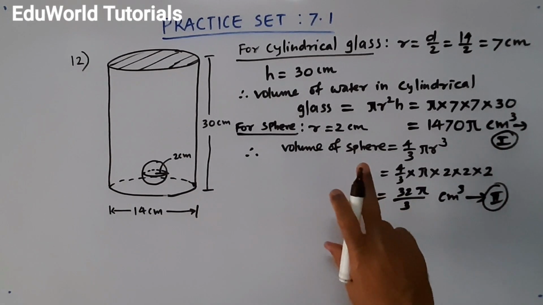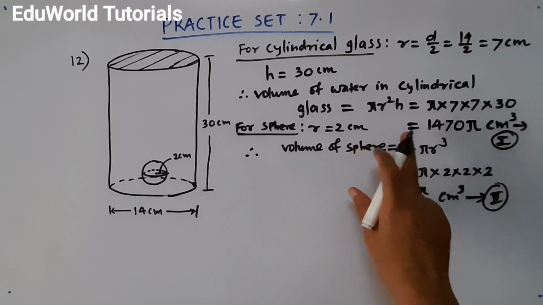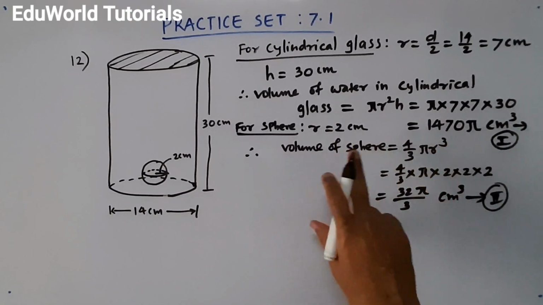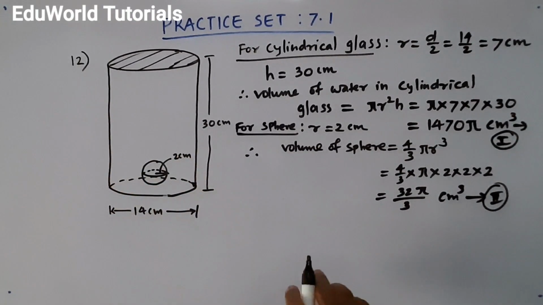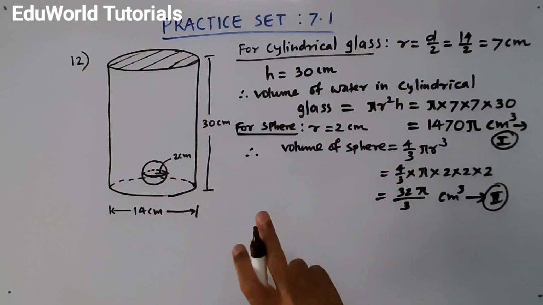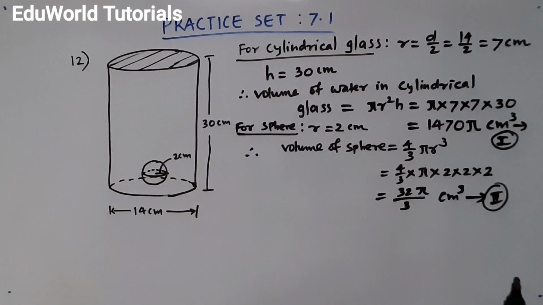Now from the volume of the water which is there inside this glass, if you subtract the volume of the sphere, then we will get the volume of the water which is left inside the cylindrical glass after the sphere is immersed in it. Okay, so how to write the statement?